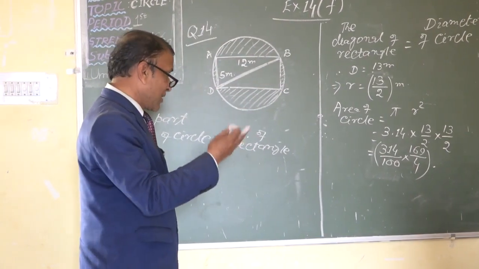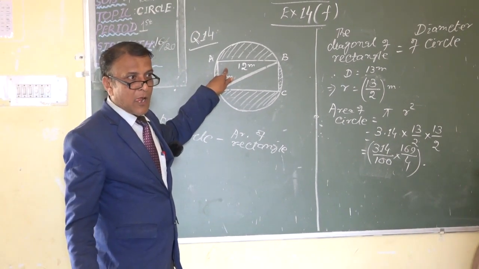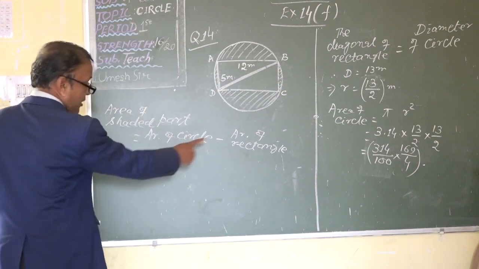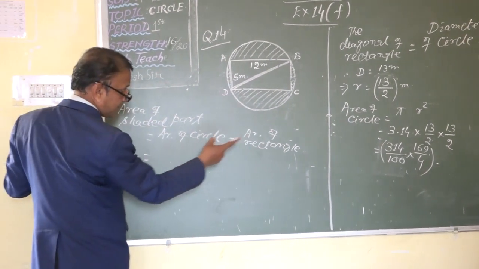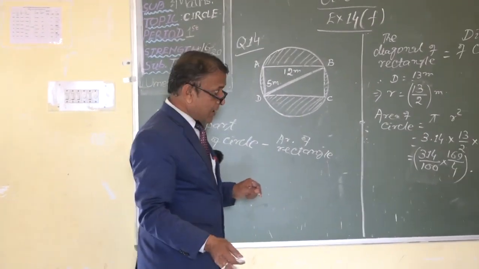You will simplify it later on. Afterwards you will just do it. Then what is the area of rectangle? Length into breadth. So area of circle we got that one. You can simplify that one. You can simplify or I will simplify?